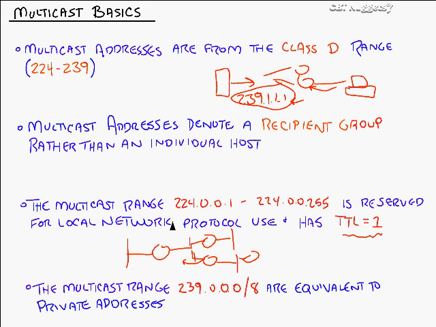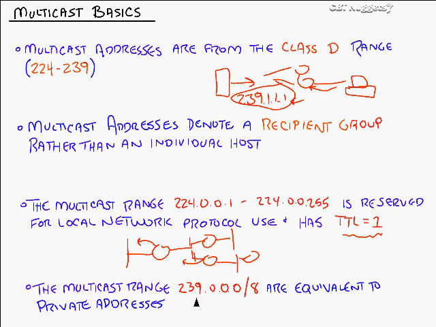So if it has a time to live of 1, it will only reach a directly connected neighbor that's on the same network segment and then not go any further. That router, if it needs to, will originate its own multicast message for that segment. So every address starting with 224.0.0.something is going to have a time to live of 1 and most of the time be used for a specific routing protocol or some sort of network protocol using it to communicate.